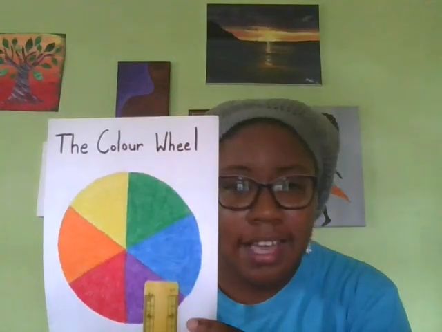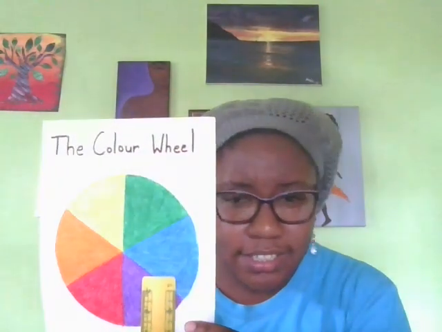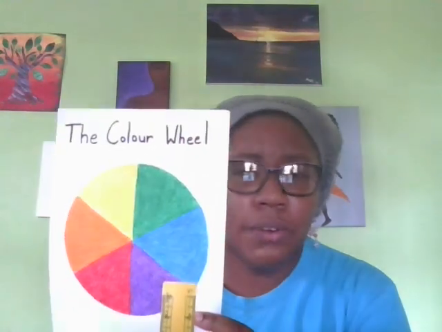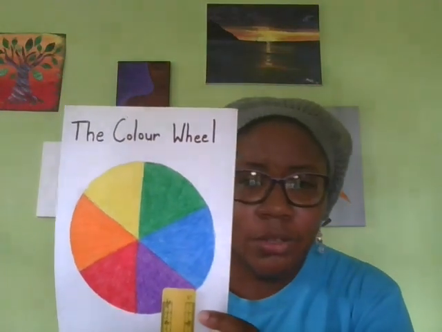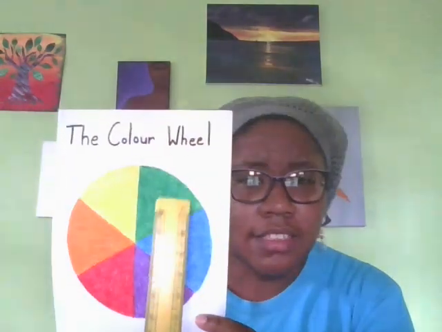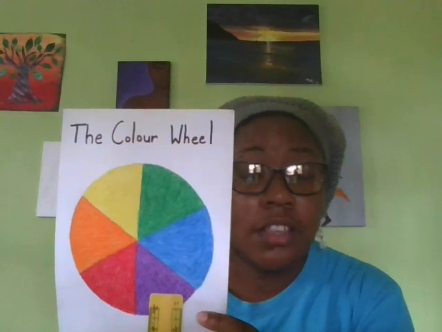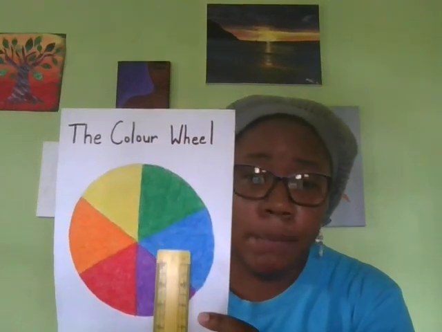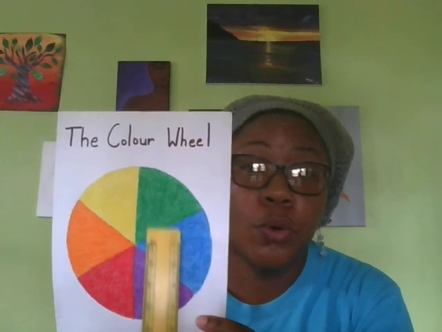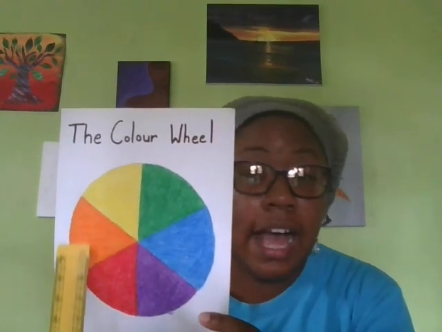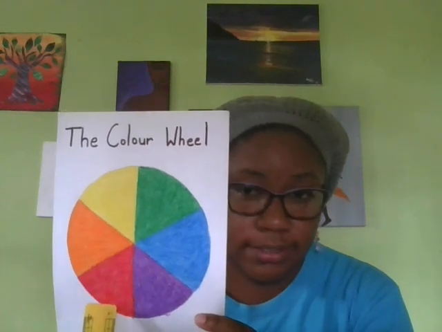These colors are not as energetic, they're not as bright, they look calm, they look relaxing, they look cool, they look cold. These colors are called the cool colors. So green, blue, and purple are our cool colors, and yellow, orange, and red are our warm colors.